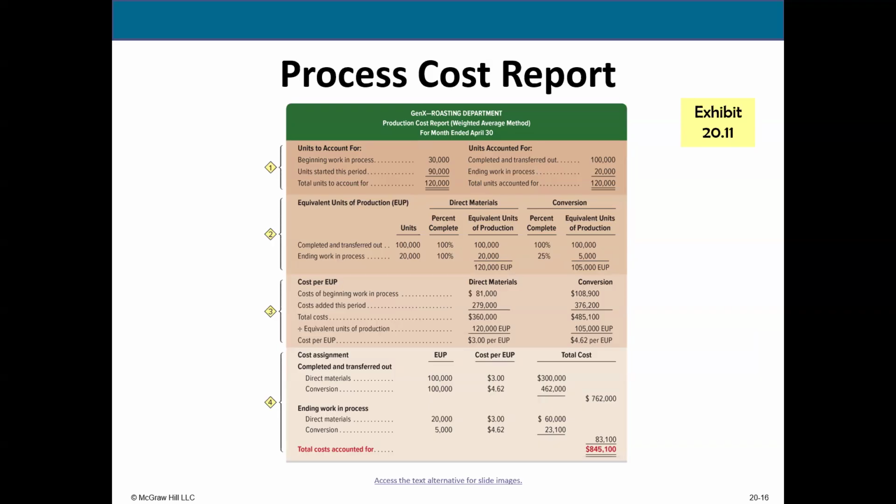And this represents the four steps that we followed that we learned about a little earlier. The first step is to, of course, identify the physical flow of the units. The second step was to compute the equivalent units of production. The third step was to compute the equivalent units of production on a per unit basis. And the fourth step was to assign total costs. And so we can see how all of those four steps give us the total costs accounted for.